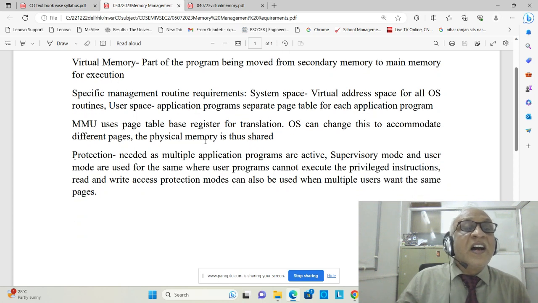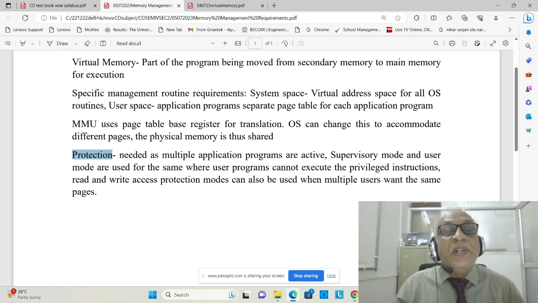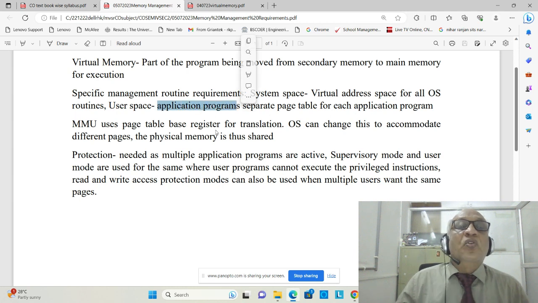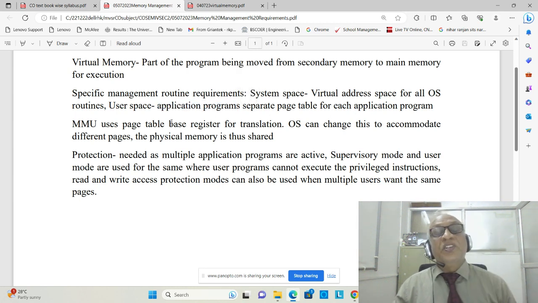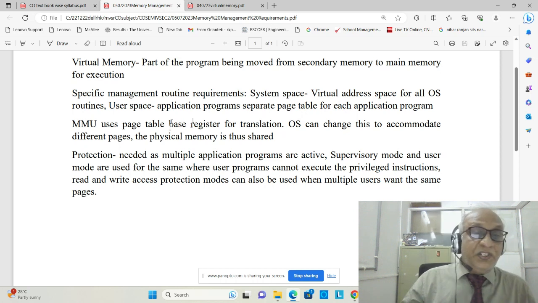The other requirement is protection. What is the need for protection here? Multiple application programs are running, so they may clash for the resources, for the same address space, for the same data. It may happen.